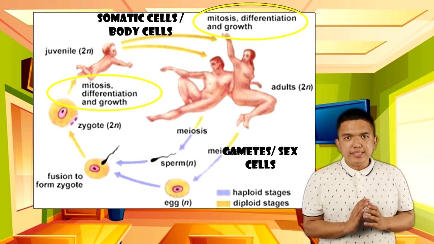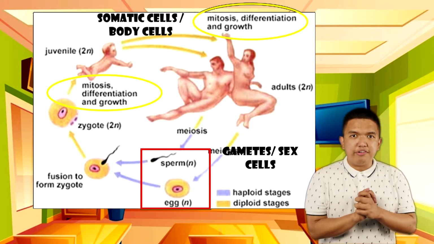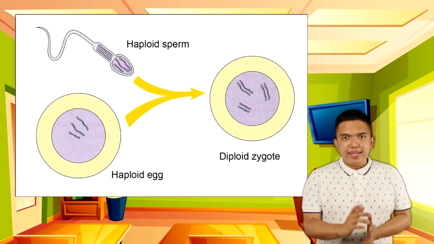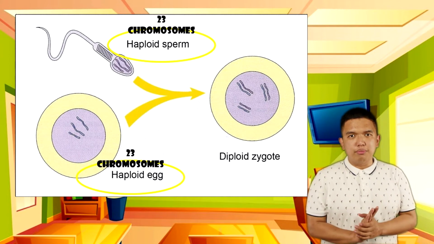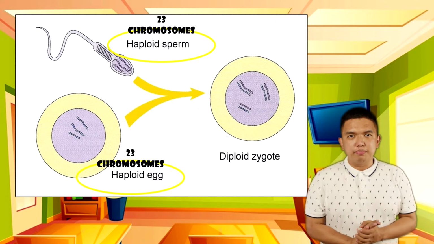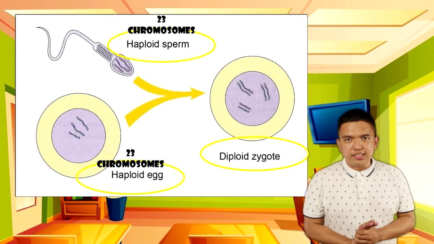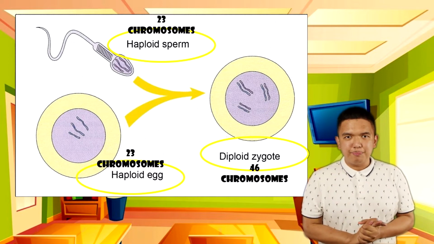Gametes are sperm cells for males and egg cells or oocytes for females. Gametes are haploid cells. A haploid cell contains only 23 chromosomes, half of the complete set of 46 chromosomes. Somatic cells usually have diploid cells, which has the complete 46 chromosomes.